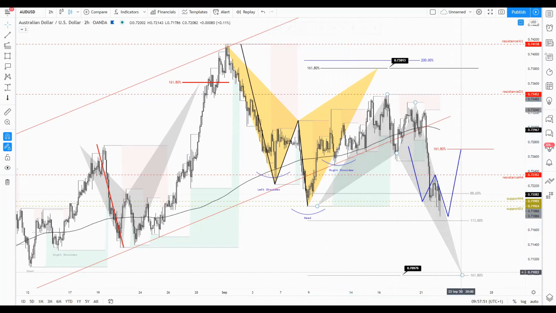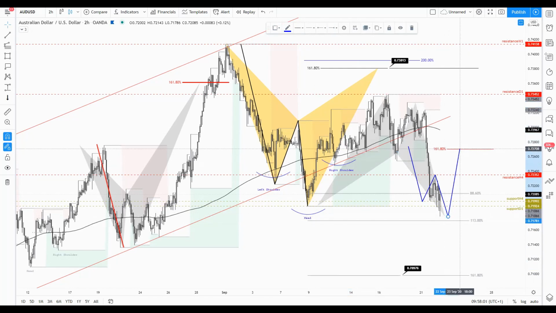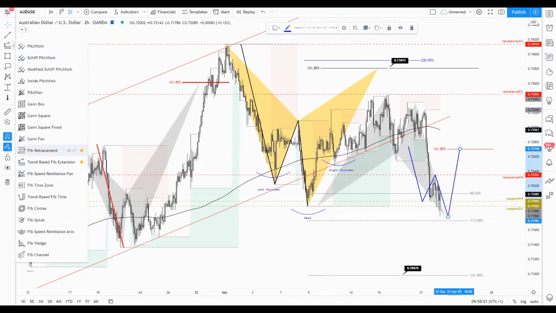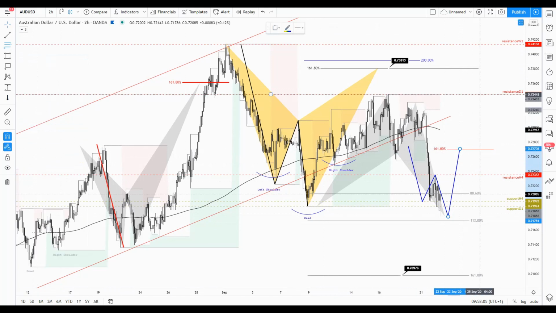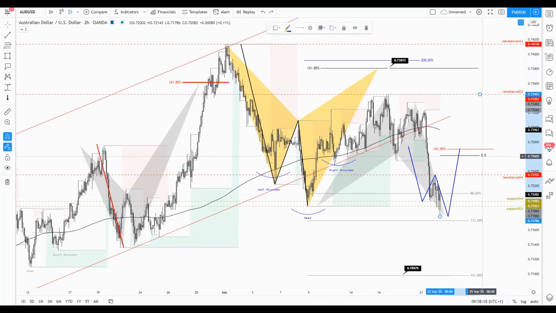For now, as I said, we are trading the bat pattern, or the alt bat pattern if you want to consider that, but I consider this as the bat pattern, and basically I'm waiting for a retracement. The retracement, as always, 38% Fib from these structural lows, and those levels may act as resistance pressure levels.